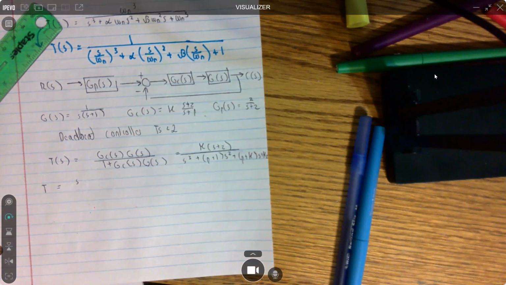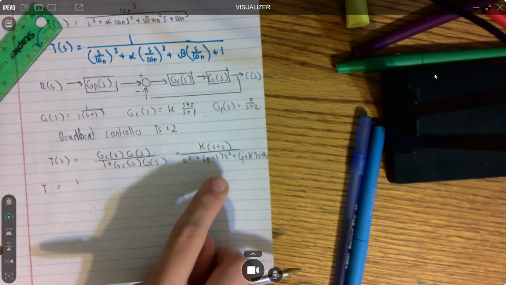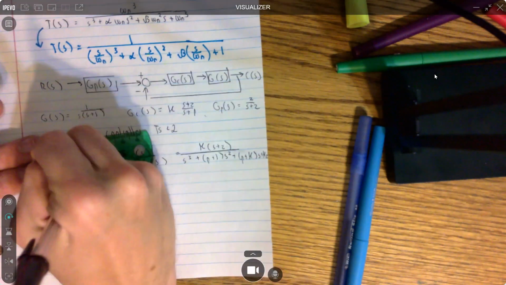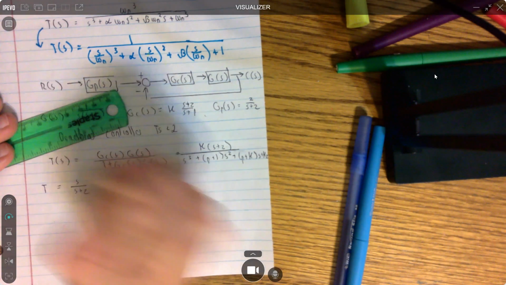Interesting. I think he might have made an error in the notes, the pre-filter should be z over s plus z. Okay, yeah, z over s plus z. He made an error in the notes, but here, just correcting it.